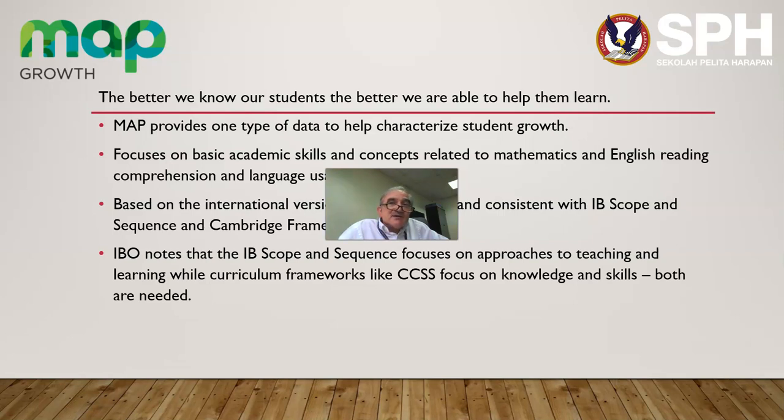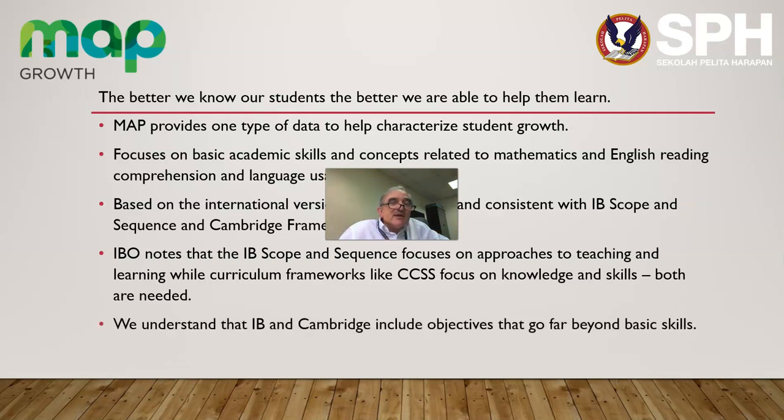With the IB, particularly in the lower grades, there's flexibility on the curriculum frameworks that you use. And so again, we understand that IB and Cambridge include objectives that go far beyond basic skills. But this is just a measure of those basic skill development in English language and in mathematics.